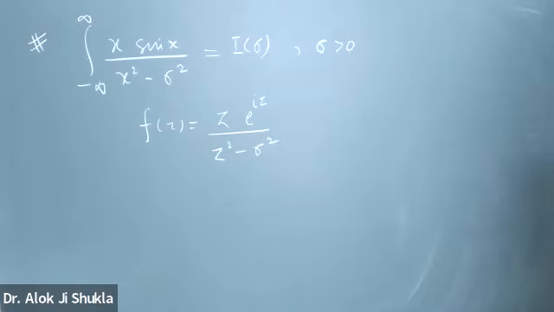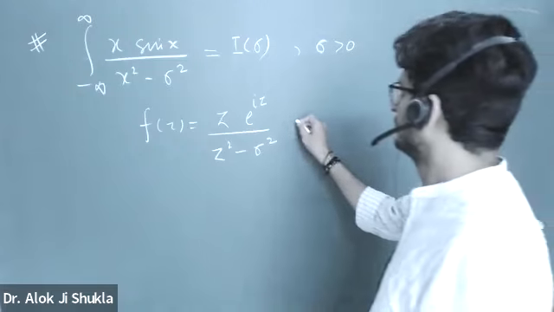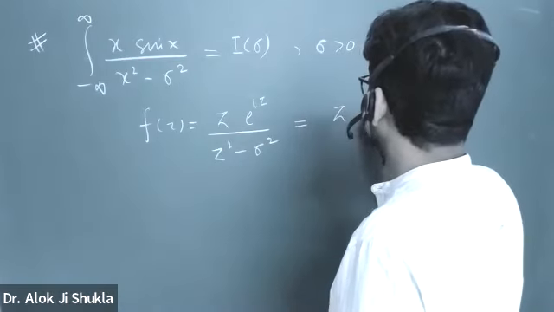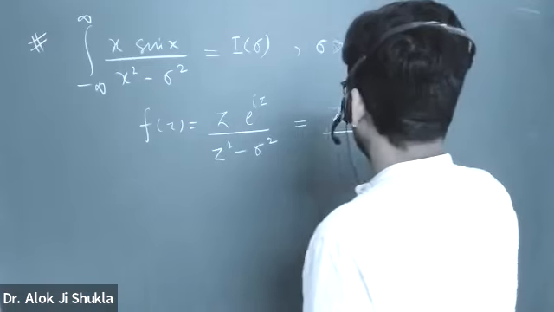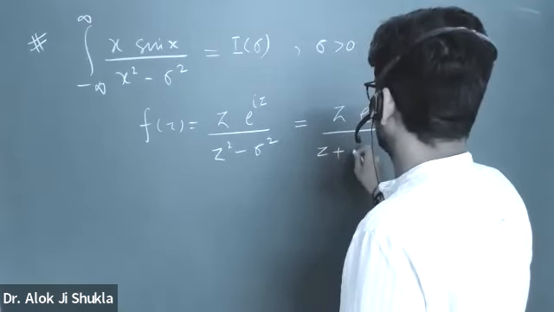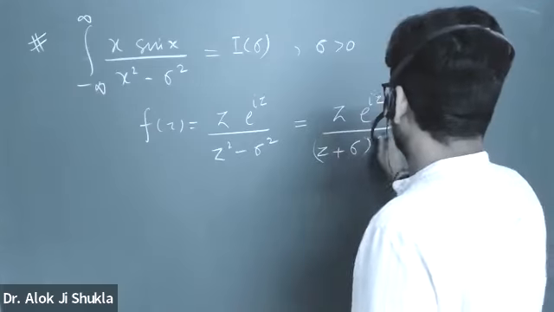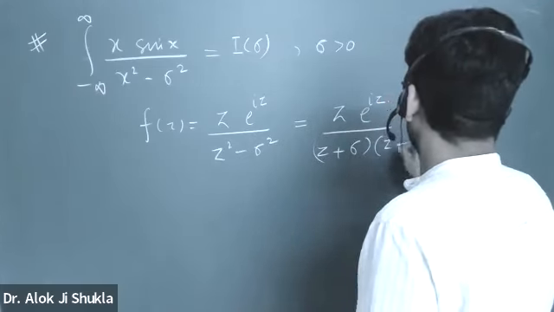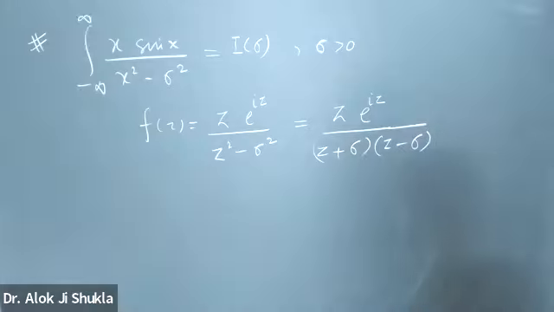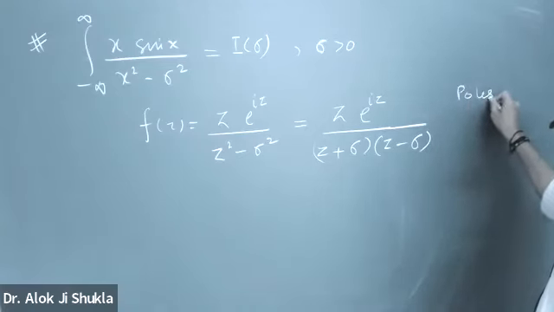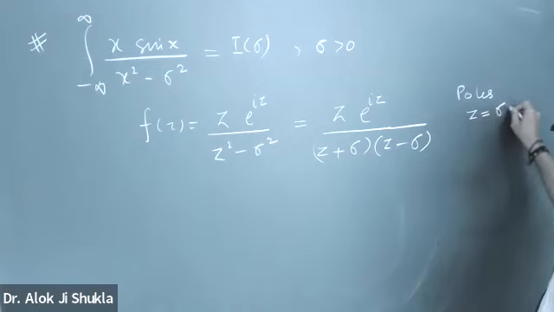So it will become z e to the power iota z upon (z plus sigma)(z minus sigma). And what are the poles? Poles are z equal to sigma and minus sigma.